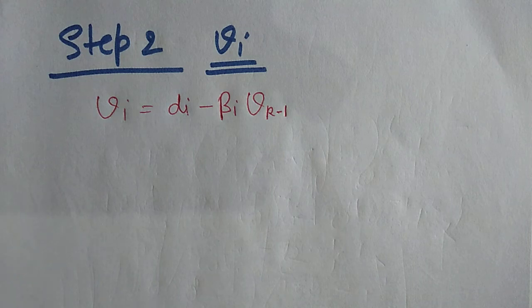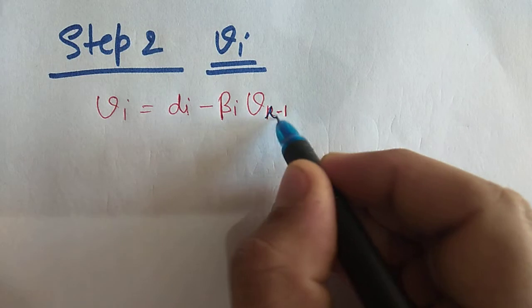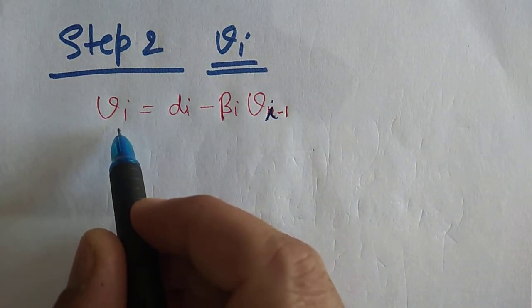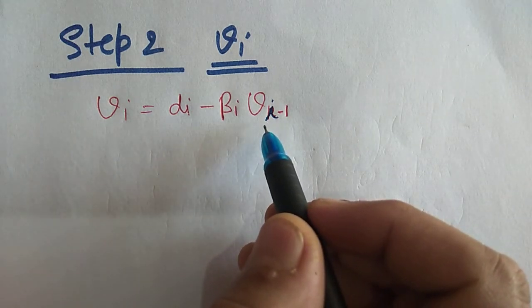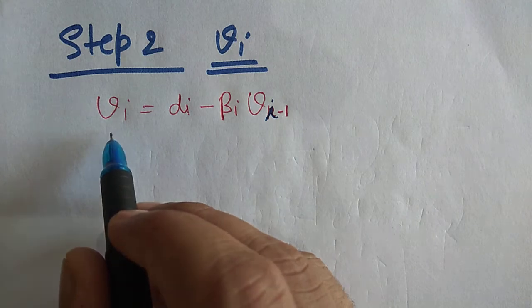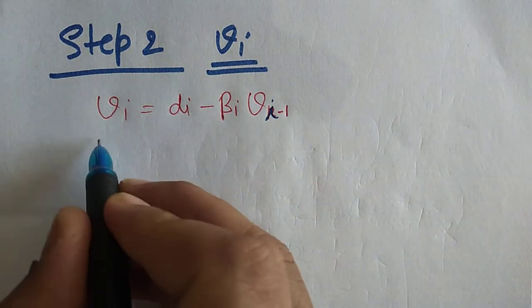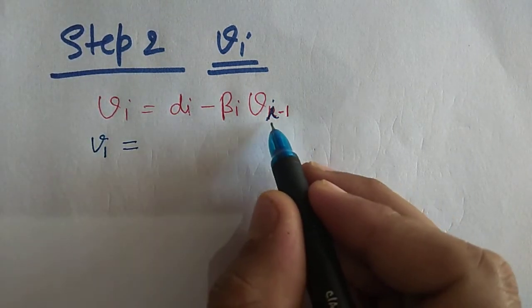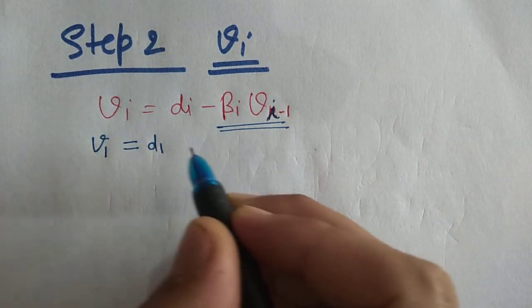This also you start from 2 only, because if you write 1 here, V0 we don't have. We will start with V1, V2. So if you write V1, this is V0, so this term is not valid, so directly we have D1.